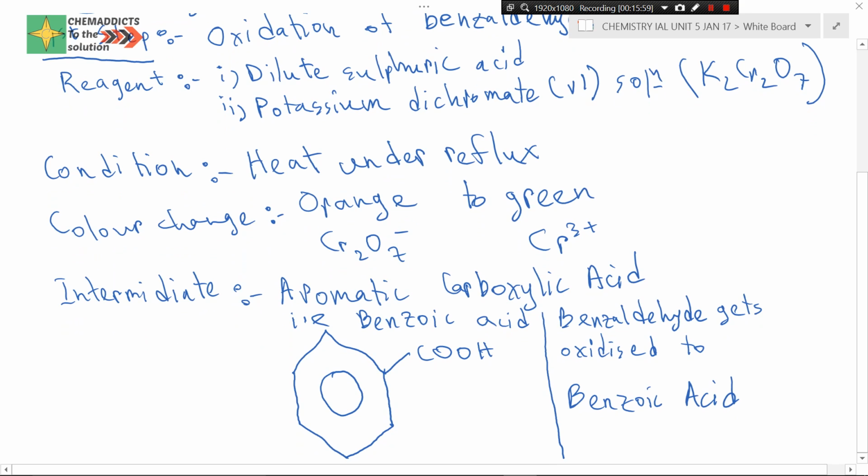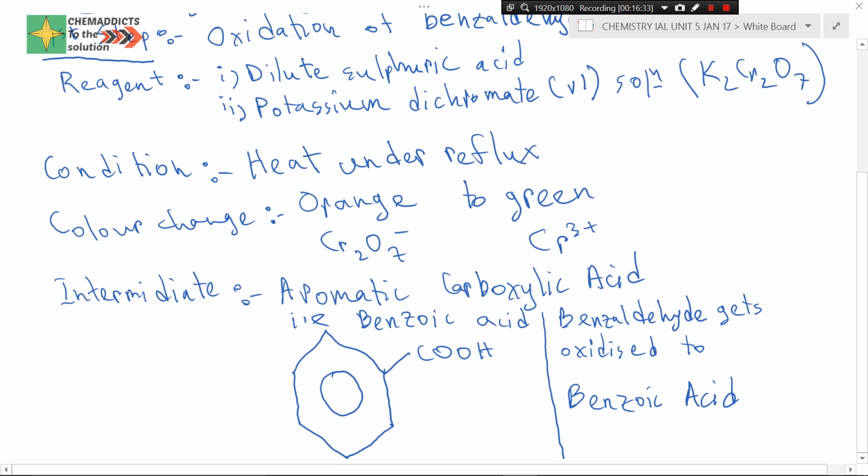Finally, fellas, most of you may ask why this benzoic acid is acting as an intermediate. That's because at the end of the reaction we won't get this as the final product. Since benzoic acid is not the final product, we call it an intermediate. If you have noticed in the mechanism of organic reactions, an intermediate stays for a short amount of time.